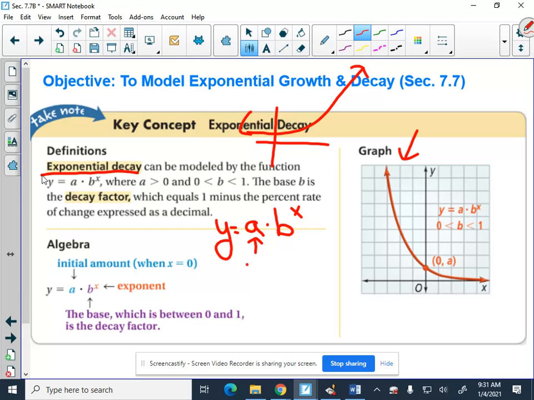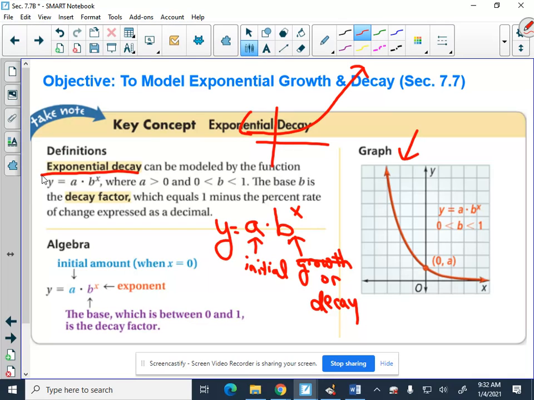This will be your initial amount, or your starting amount. This is either the growth, or in this case, the decay factor. So B is either the growth or decay, depending on which one we're looking at. Today we're looking at decay, so it'll be the decay factor.